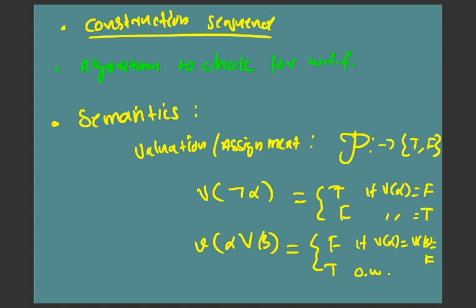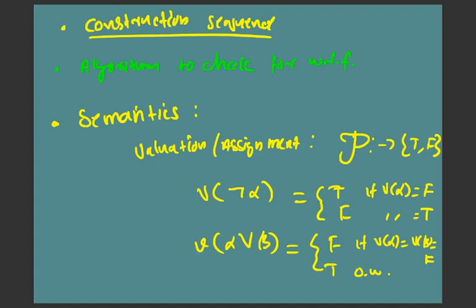In the semantics, the first thing that we look at is valuation or assignment, which is basically a map from the atomic formulae to the Boolean values true and false. And then we can generalize this to arbitrary formulae by the following rules: that valuation of negation alpha is defined to be true if valuation of alpha is false, and if valuation of alpha is true, then the valuation of negation alpha is false.